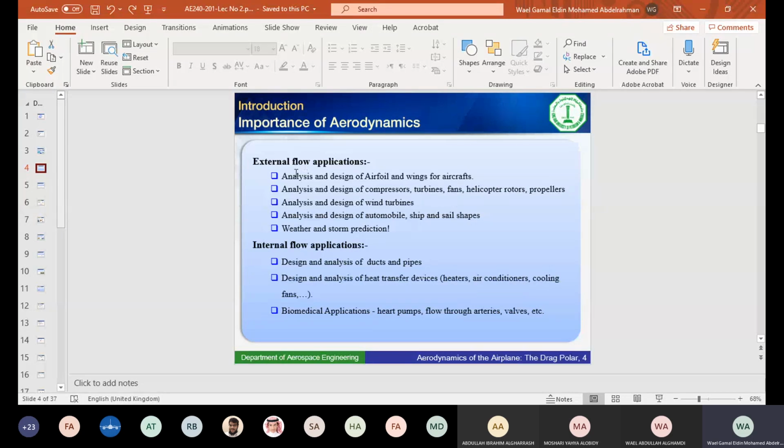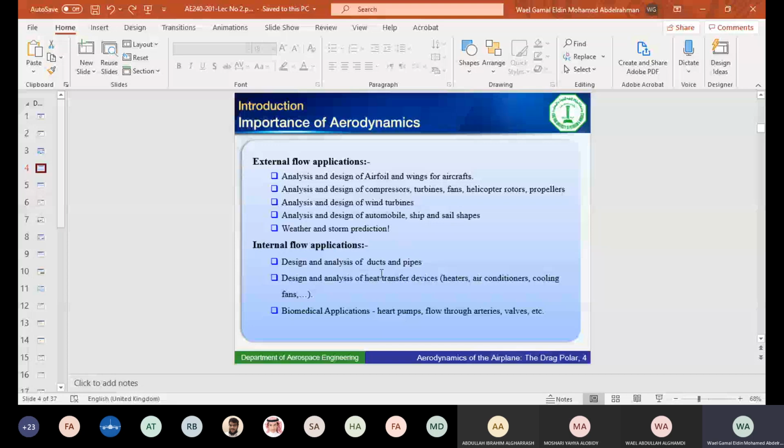We have external flow applications: flow around wings, aircraft, helicopters, turbines, cars, and so on. And we have internal flow applications, where we have flow inside tubes, pipes, ducts, heaters, air conditioners, and so on. Sometimes even fluid flow within the heart. All these are internal flow applications.